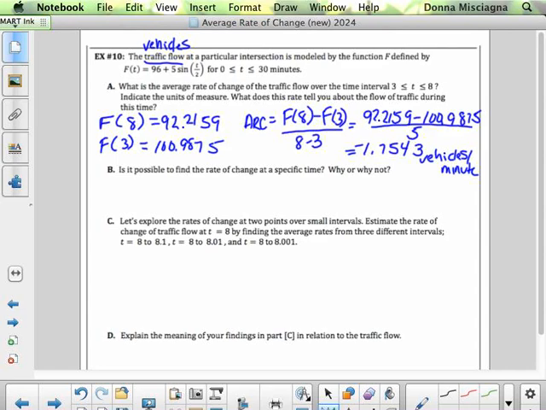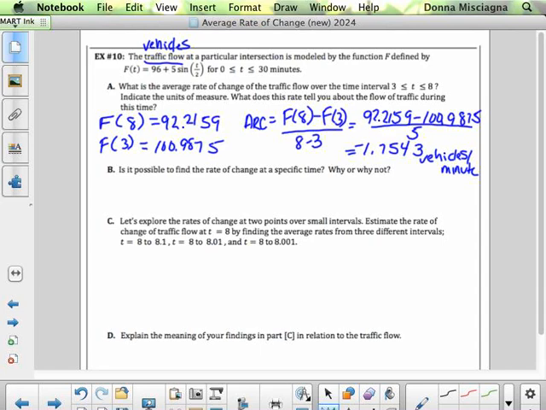I also wouldn't say cars per minute. Too narrow, because you could have buses and trucks and motorcycles, and I don't know what else you could drive through an intersection. And t is time in minutes, so minutes is perfectly good units for us.